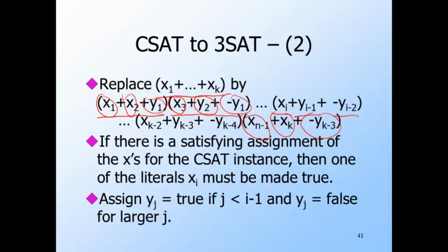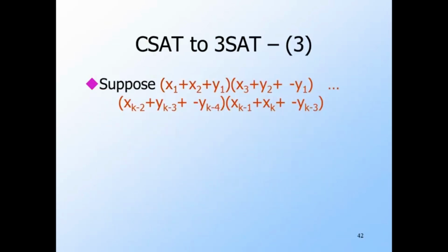For this truth assignment, the clause with x sub i, that is this one, is made true by x sub i. All the previous clauses, those there, can be made true by their unnegated y's, and all the later clauses, all of these, are made true by their negated y's.